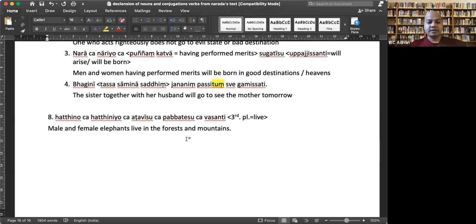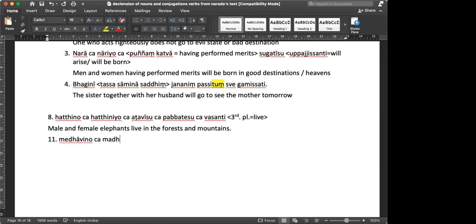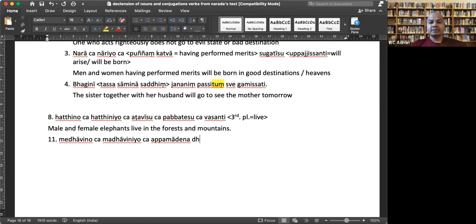Okay, let us look at sentence number 11. Medhavinocha, medhavinyocha, appamadena dhammam uggahetva, muttim labhissanti.